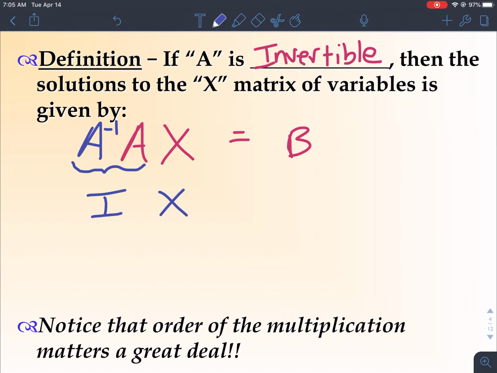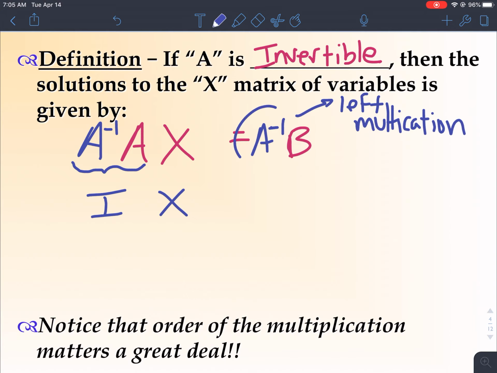But please, please, please make sure that you absolutely must write A inverse on the left side, because order of the multiplication matters a great deal. So you have to write this on the left side.